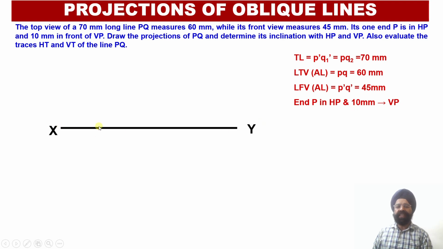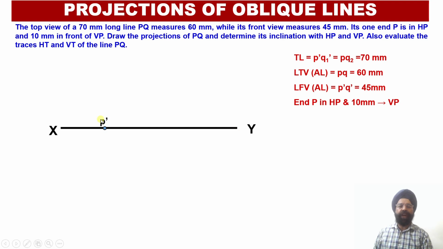Now, onto this XY reference line, first of all we are going to mark the coordinate locations corresponding to the first end of the line, that is point P. We know that point P lies on the horizontal plane. So it means that the front view projection P dash will be obtained onto the XY reference line.